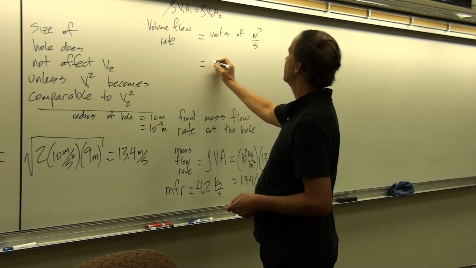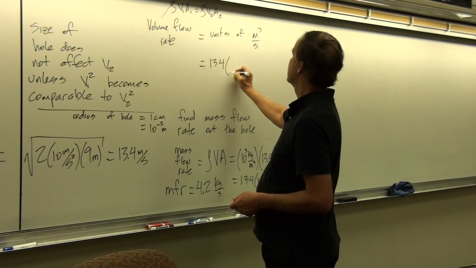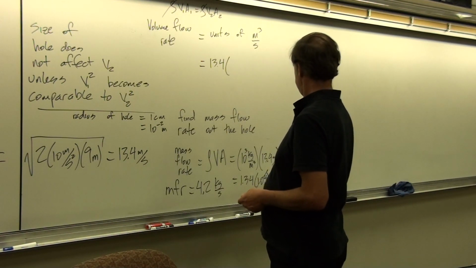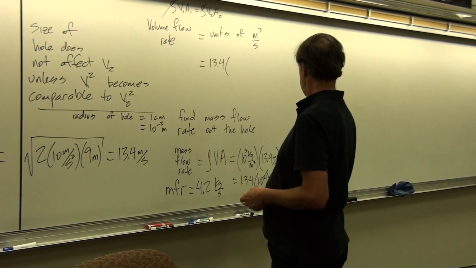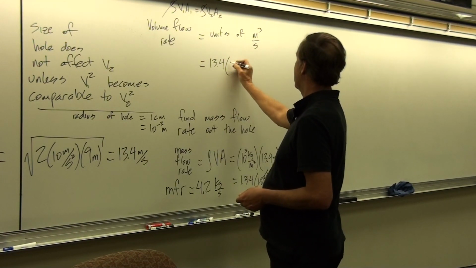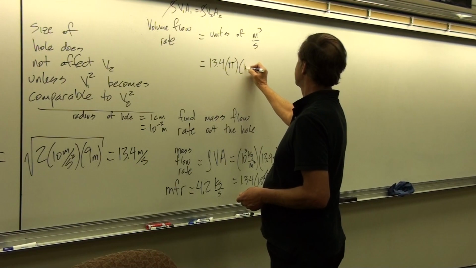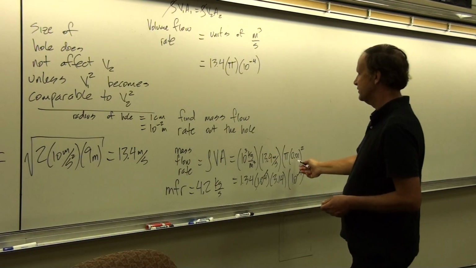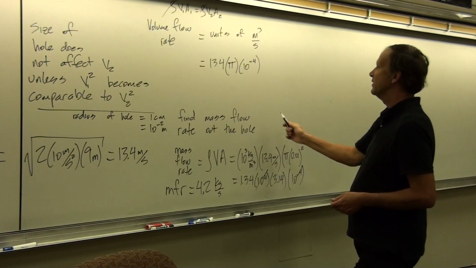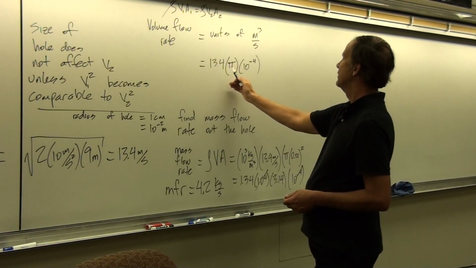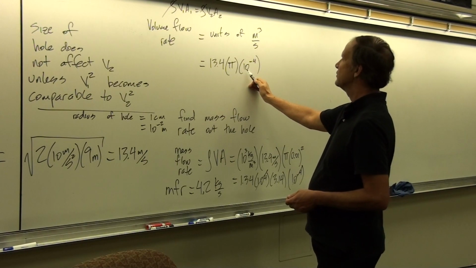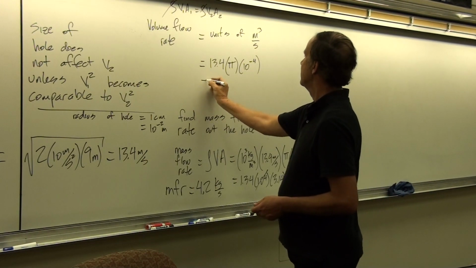And so for this problem, then that would be 13.4 times pi times 10 to the minus 4. So that was our 0.01 squared. So that's our velocity, 13.4 times pi r squared. This was 10 to the minus 2 squared is 10 to the minus 4.